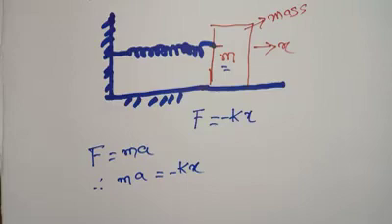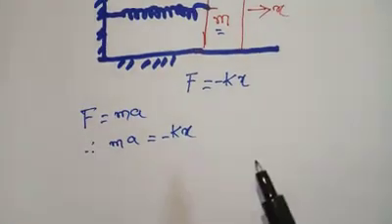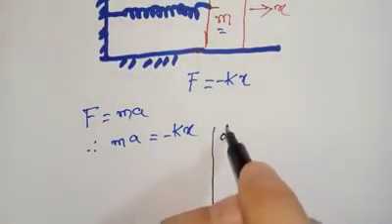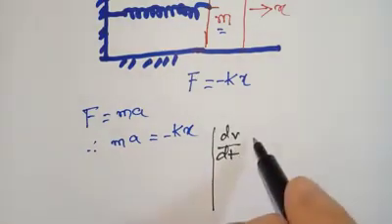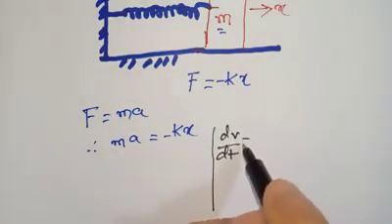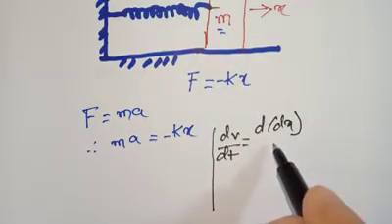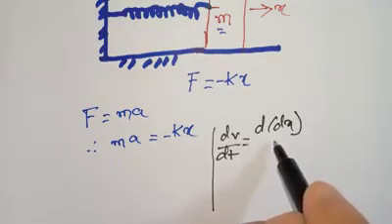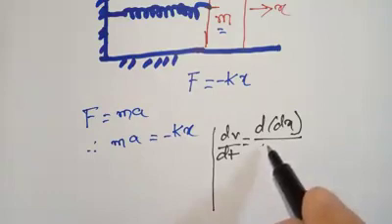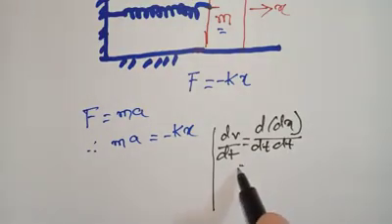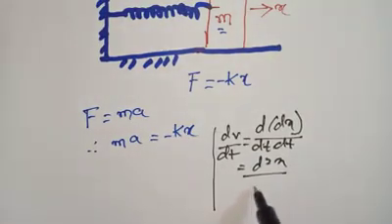Now what is ma? Acceleration, we know, is the second derivative of position with respect to time. So acceleration, let us find it out. I will just do a simple calculation. We know it is dv by dt, right? And it is equal to d times dx, over dt times dt, so this comes to d squared x by dt squared.